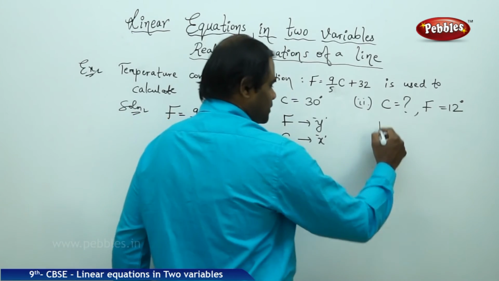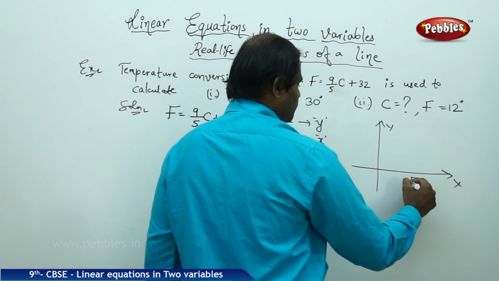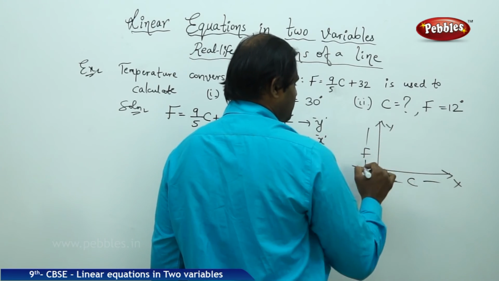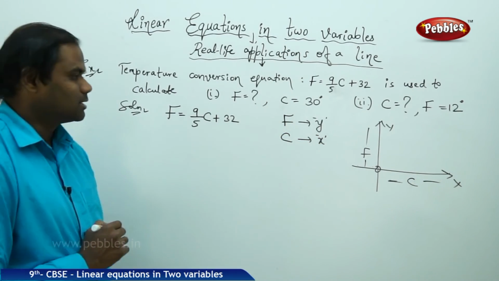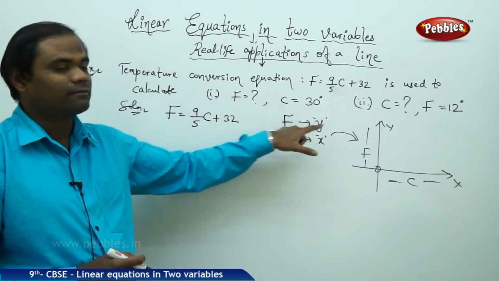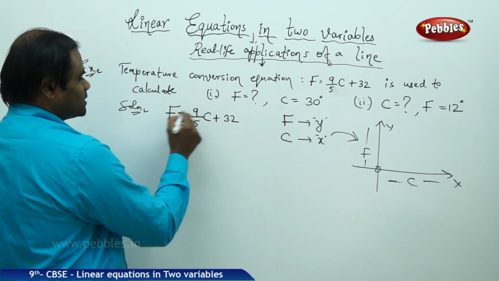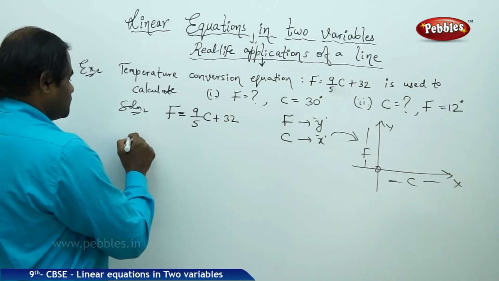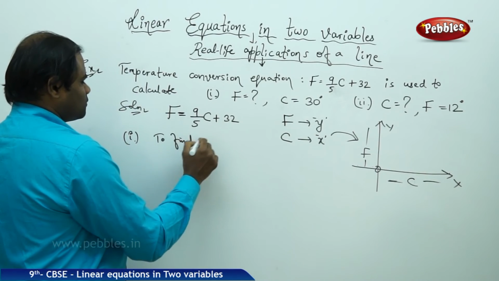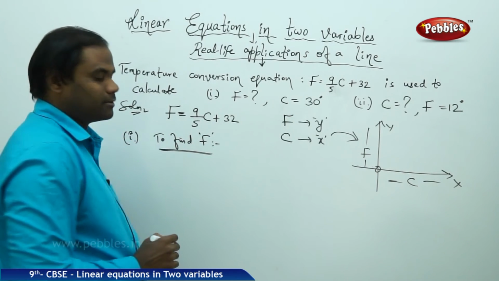When I take the x-axis and the y-axis, the centigrade comes on the x-axis and the Fahrenheit comes on the y-axis, which is how we understand it graphically: C for x and F for y. The Fahrenheit is 9 by 5 C plus 32. My question 1 demands finding F when C is 30 degrees.